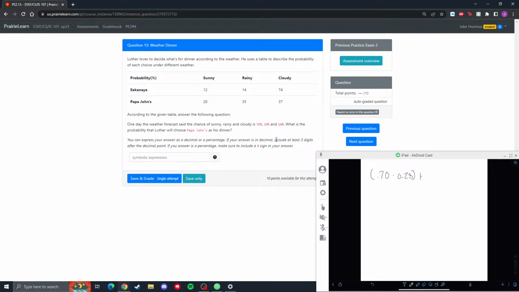And then we'll do the same thing for rainy, 0.2 times 0.35. And then for cloudy, 0.10 times 0.37. So 0.7 times 0.28 plus 0.2 times 0.35 plus 0.1 times 0.37.